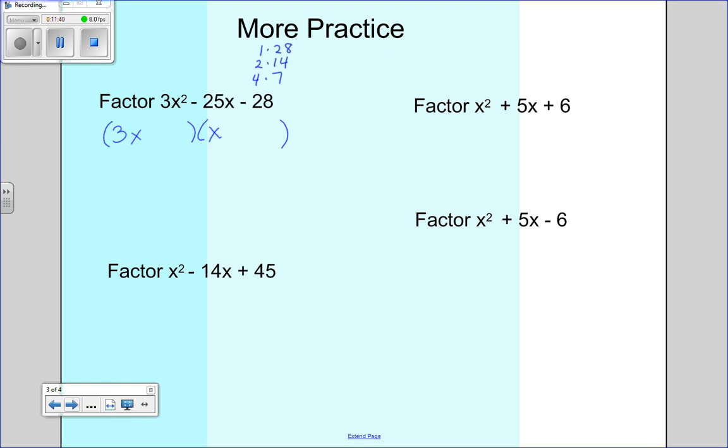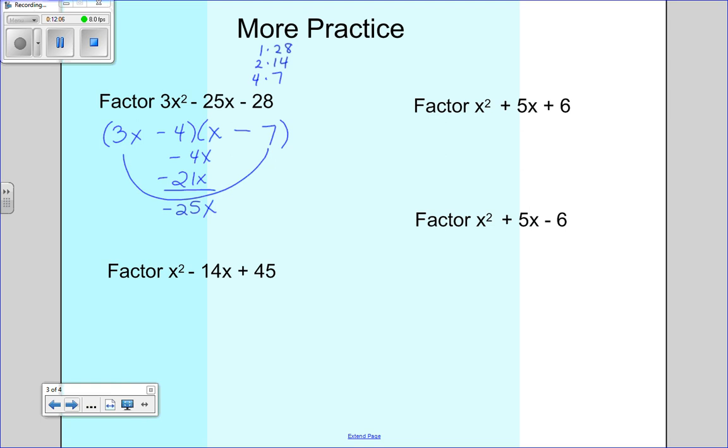7, there may be two ways to factor this one, because 7 times 3 is 21, and 4 times x is 4x. And there's a way to make that minus 25x, just make both of those negative, and they add up to be minus 25x. So this would be an interesting way to think about this, but here's the problem.